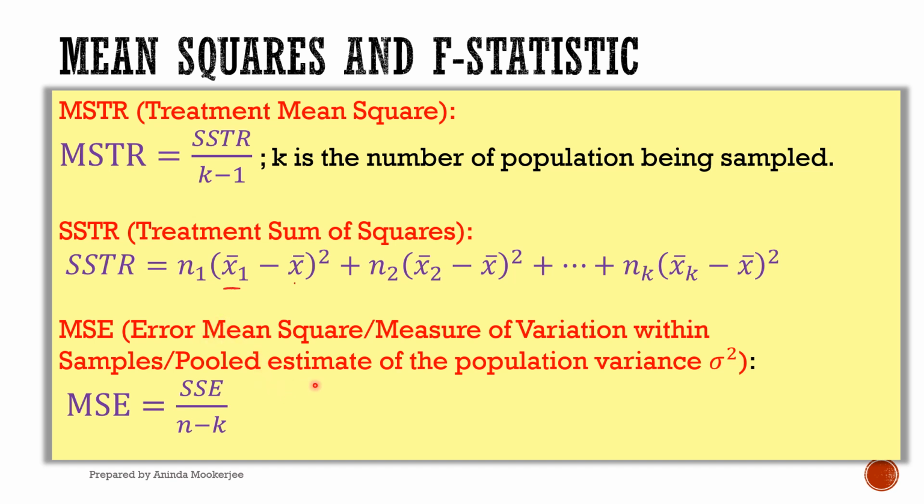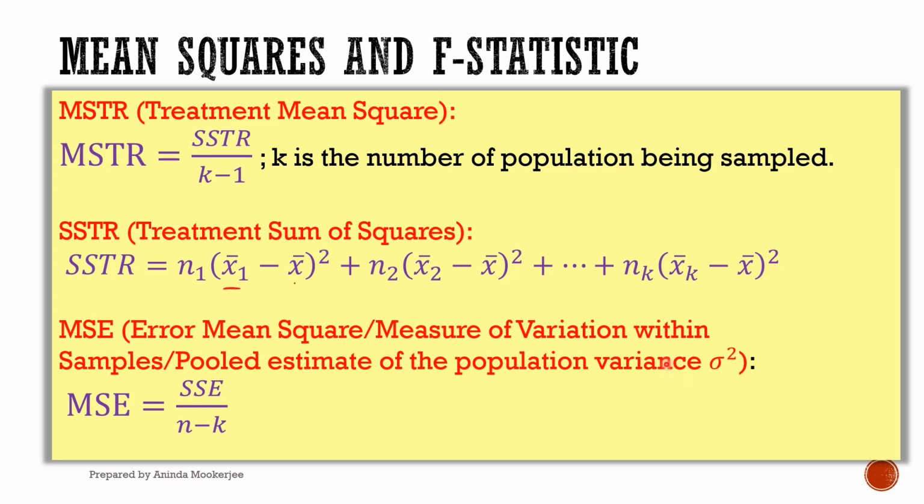It's a measure of variation within samples, or the pooled estimate of the population variance sigma squared. Variance is nothing but the squared form of the standard deviation.